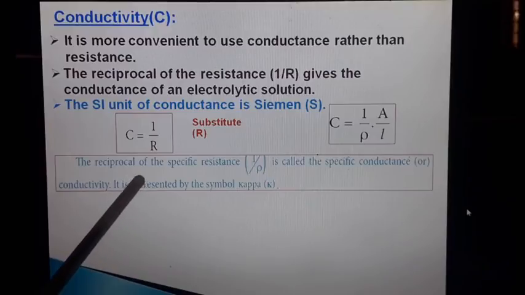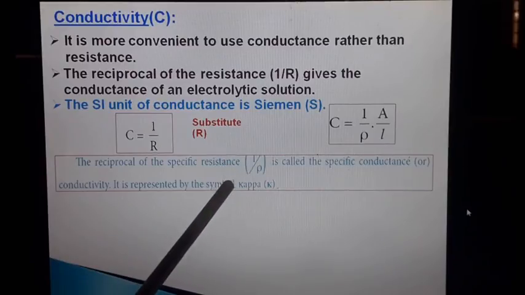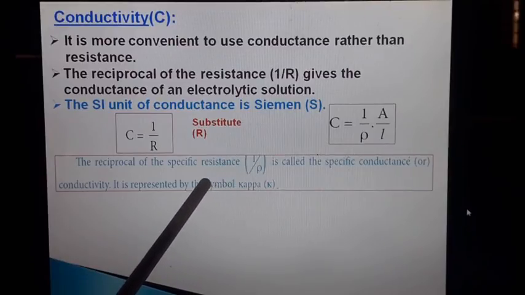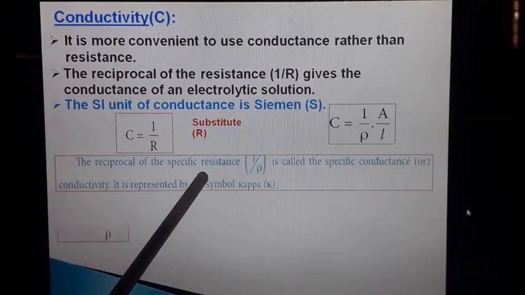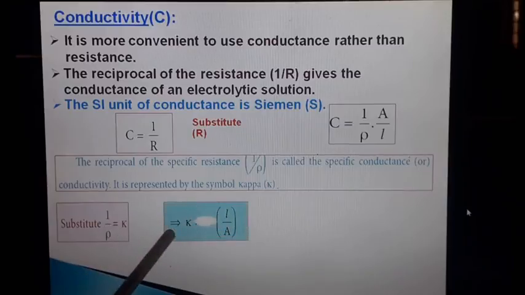This is represented by kappa. Kappa is the symbol for conductivity, specific conductance. 1 by rho is equal to kappa. Substitute this value.